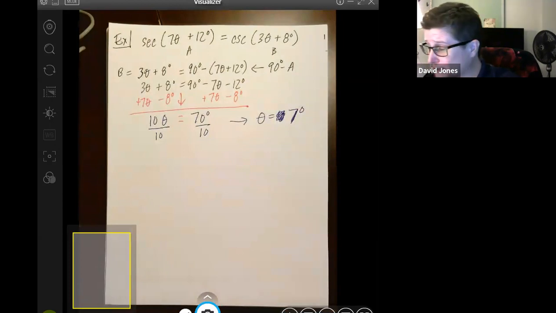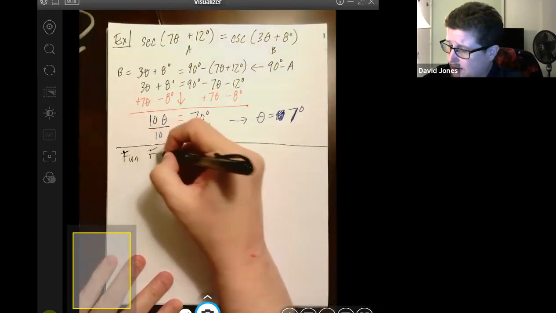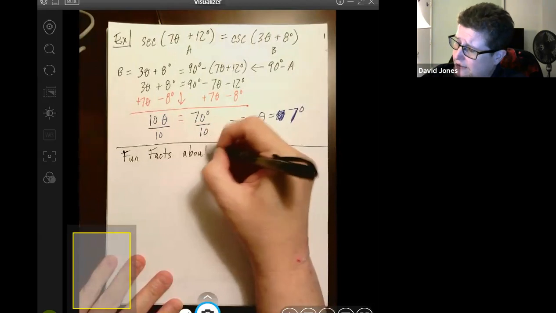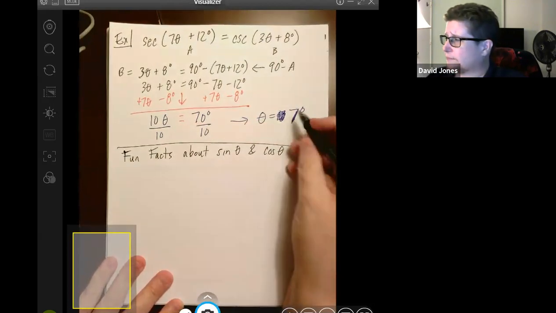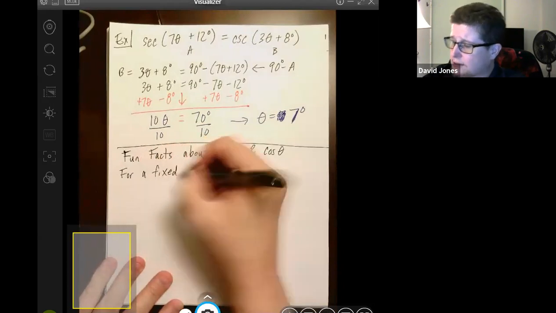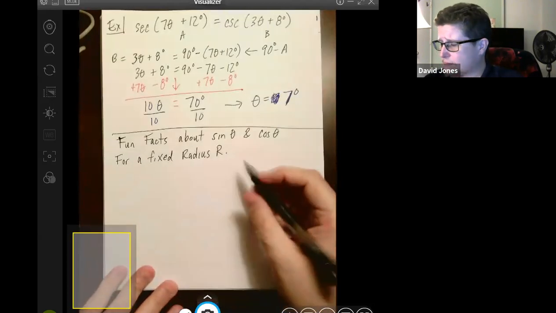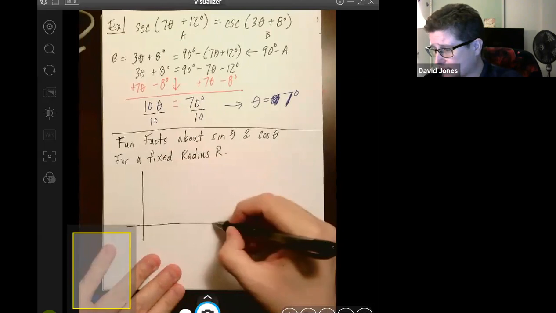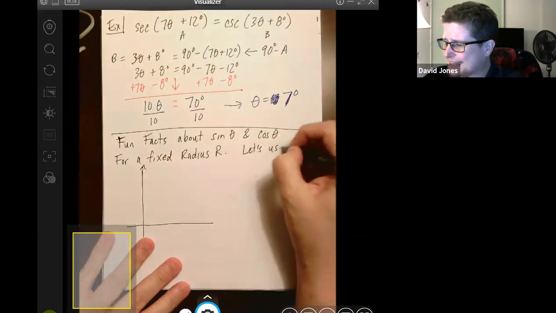Some other fun stuff that you'll notice. Let's look at, I'm going to draw a portion of the unit circle. So fun facts about sine and cosine. For a fixed radius r, I'm going to use, let's use r equals 1 because it's the easiest one to see.